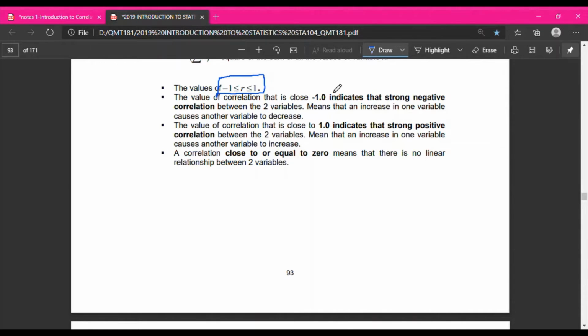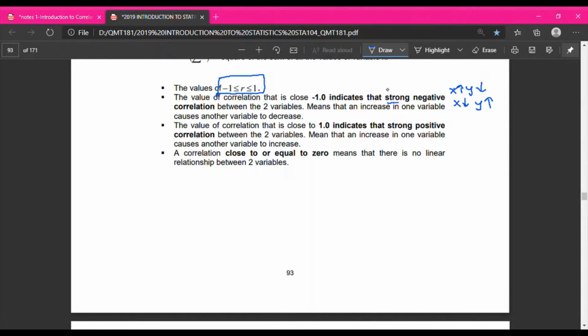It means that bila X increase, Y will decrease. Ataupun bila X decrease, Y will increase. Ini maksudnya negative relationship.